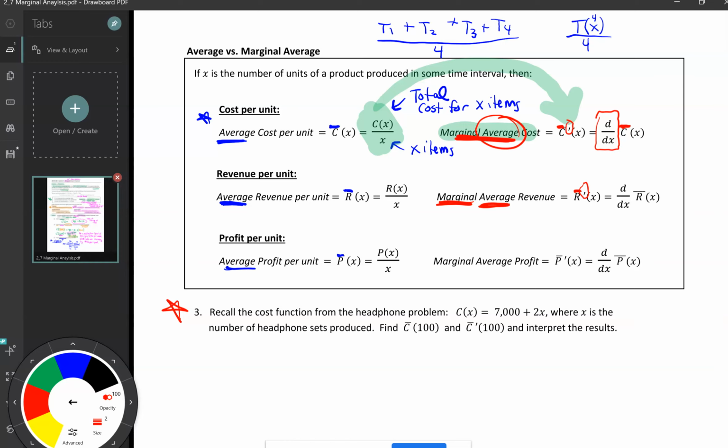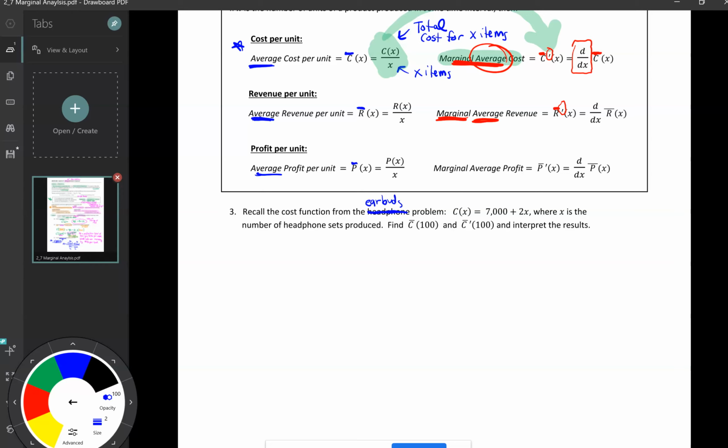This set of notes was like one big long problem that we just kept building on. So now we're going back to that cost function where there was a fixed cost of $7,000. No matter what, you had to pay those costs. And then there was a variable cost of $2 per earbud. So let me change all these words to earbuds, just so it'll match what we did before.